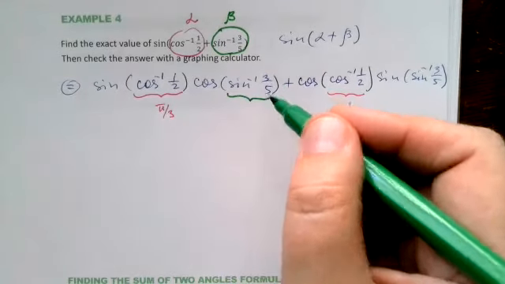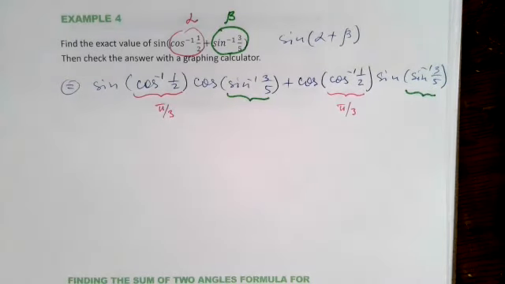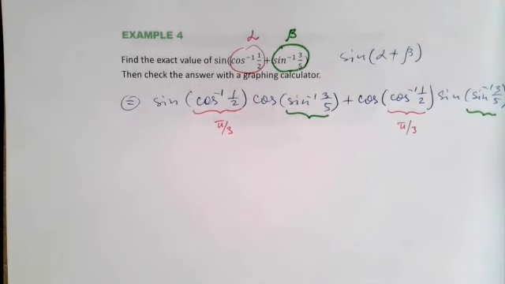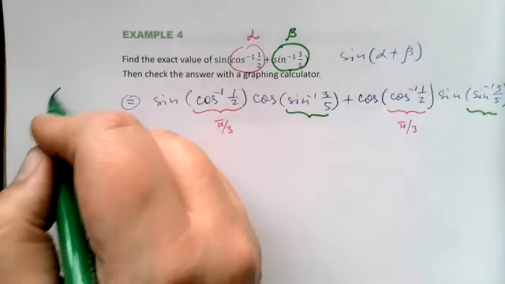Well, 3/5 is not one of our known values, so we would have to use our right triangle identities.